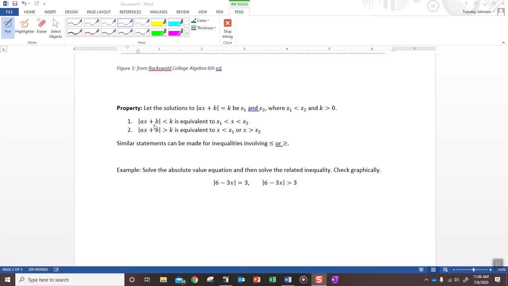The absolute value of ax plus b less than k is equivalent to S1 less than x less than S2. And the absolute value of ax plus b greater than k is equivalent to x less than S1 or x greater than S2.